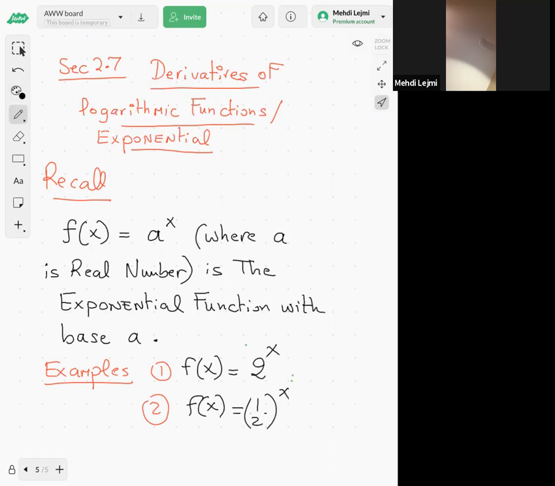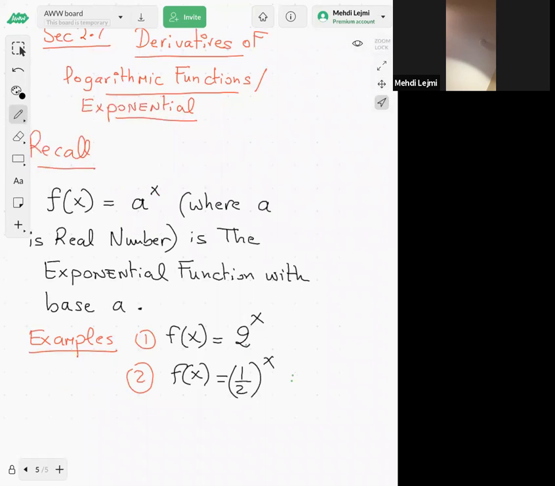It's just some number to the power x. Actually, the number should be positive. That's an exponential function. That's the definition. When you say 2 to the power x, the 2 is the base, so it's of base 2, and half to the power x has base half.